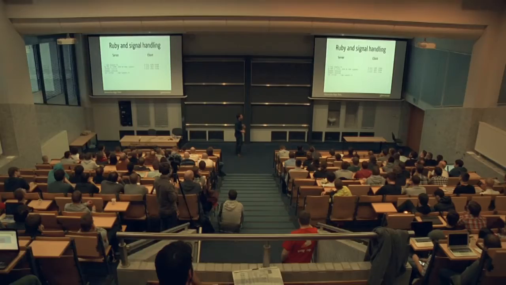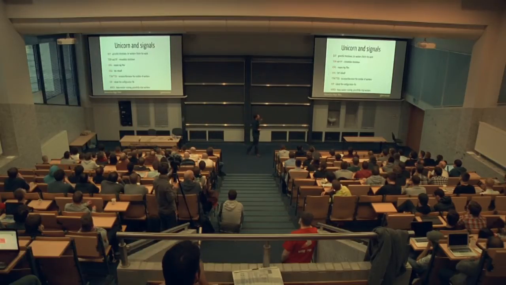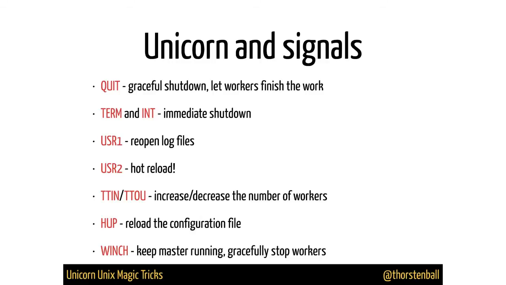What Unicorn does is a bit more complex. Unicorn has a whole lot of different signal actions, as I said before. There's some crazy features behind those signals. You can reload the configuration file. You can increase or decrease the number of workers. You can shut down the workers and only have the master running. You can do hot reloading, and so on.